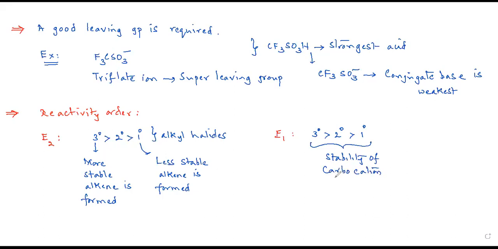I told you that in E1, because in the rate determining step we get a carbocation, stability of the carbocation plays an important role. So the reason is different, but the order is same in case of E1 and E2.